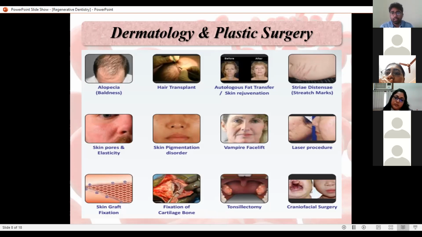As we know, with aging the skin sags with the lack of collagen. So when we inject PRP into the face, it stimulates the endogenous cells to stimulate collagen production and helps as anti-aging. We can also use PRP in laser procedures. We can also include PRP along with skin grafts. We can use PRP in craniofacial surgeries.